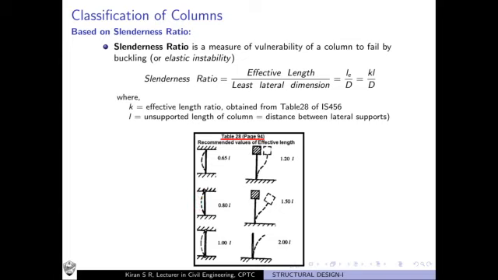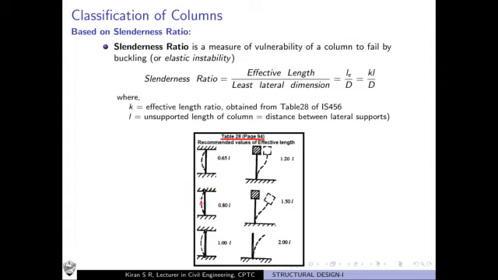So the failure of the column occurs by change in the configuration of the column. The axis of the column, if you observe, will keep bending like a beam, like a vertical beam.